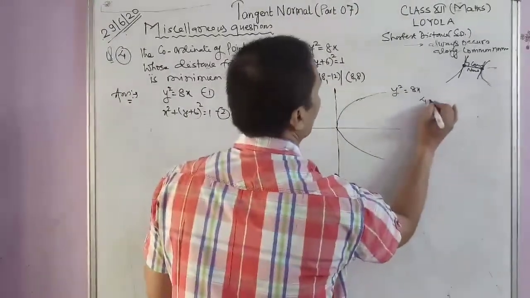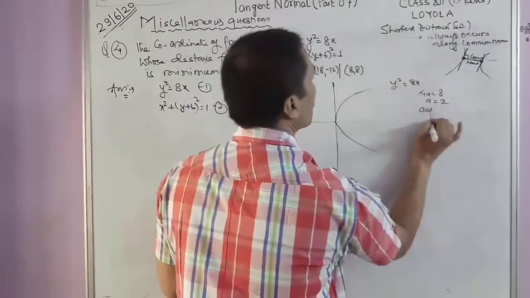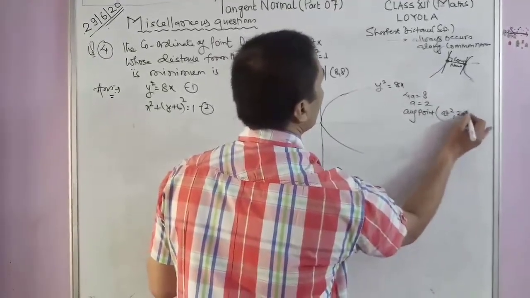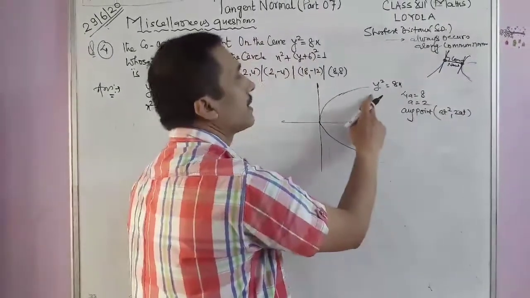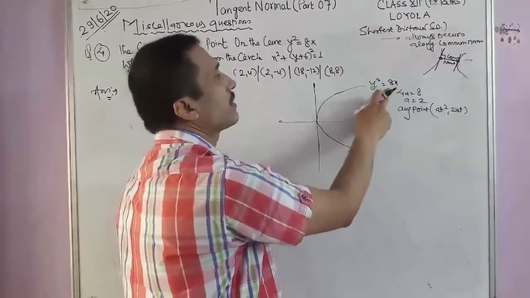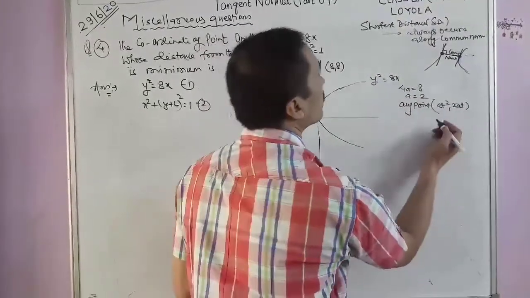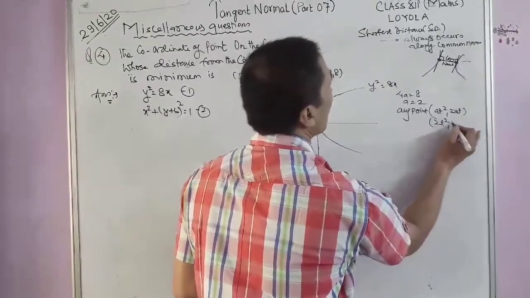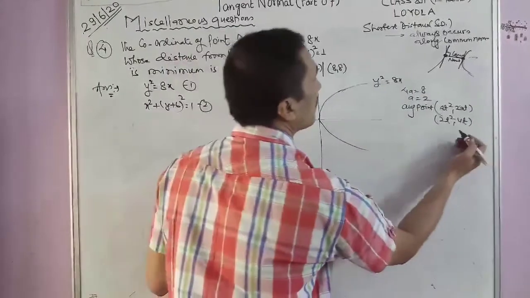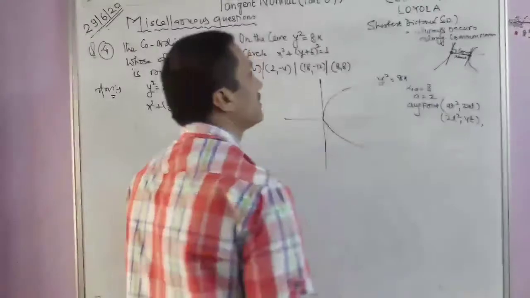Here 4a equal to 8, a equal to 2. Any point in parametric form of parabola y square equal to 4ax is (at square, 2at), for a equal to 2, (2t square, 4t). We can take any point on this curve in the form (2t square, 4t) where t is a parameter.